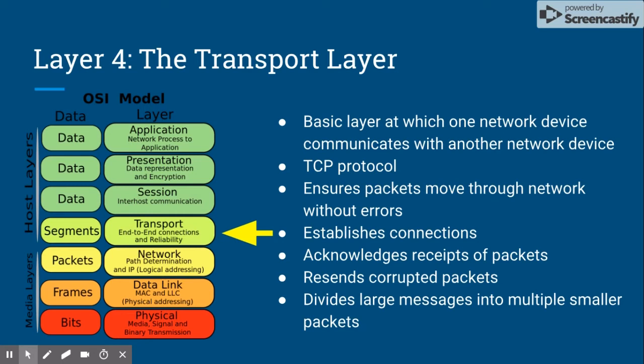If packets are corrupted or there is an error within the packet, this layer will resend the packet. If there is a large piece of data, this layer divides those messages into multiple smaller packets that arrive each in order at the next device.